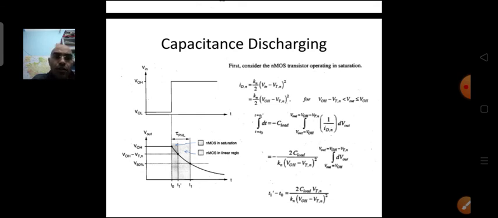And later, let's say, the 50% time. Because we want to determine tau PHL, which is from the 50% of the input transition to the 50% of the output transition. But as our input is transiting at an instant only, that 50% will be at that instant only. So this is how you have to determine this tau PHL.